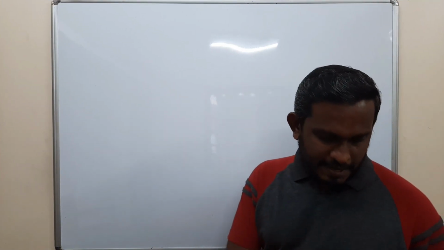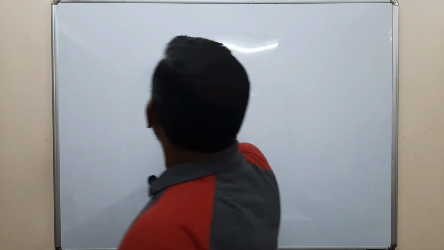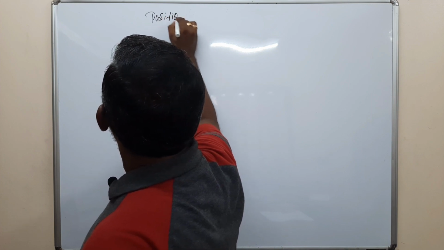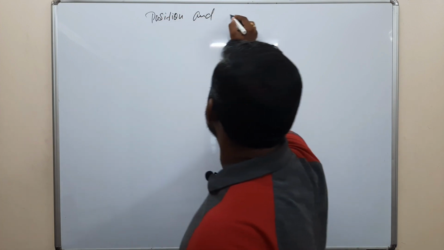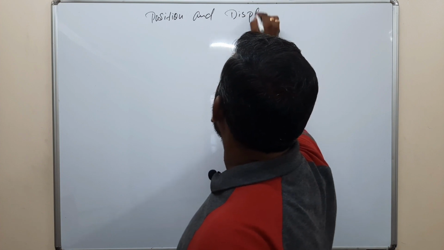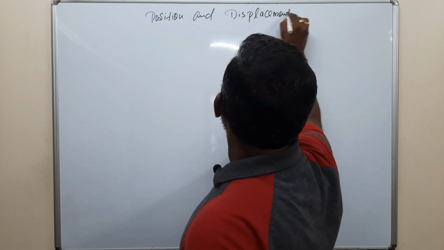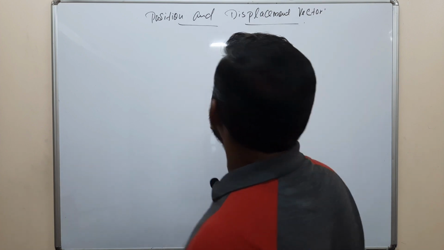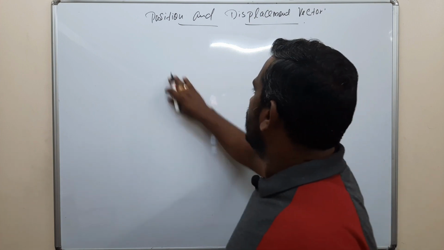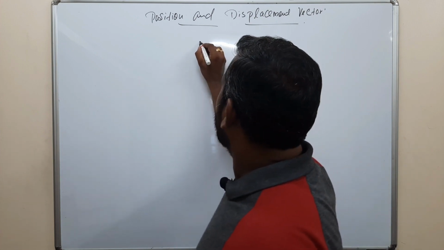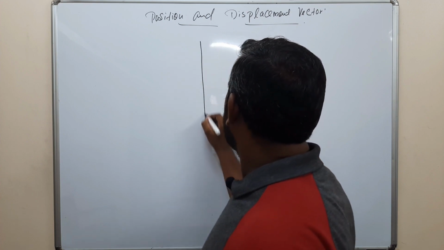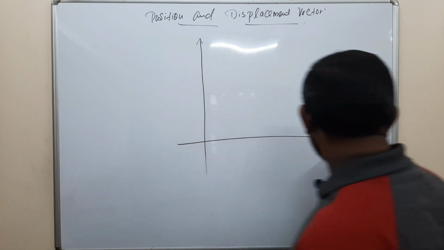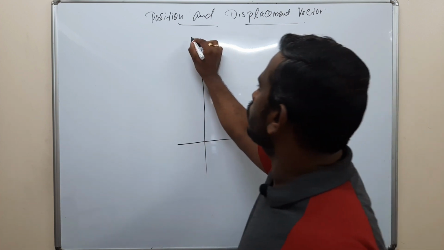So the next is position and displacement vector. In a coordinate system, this is x and this is y.